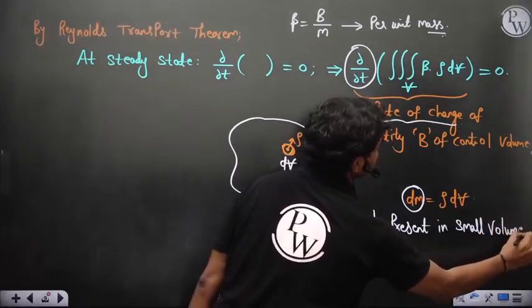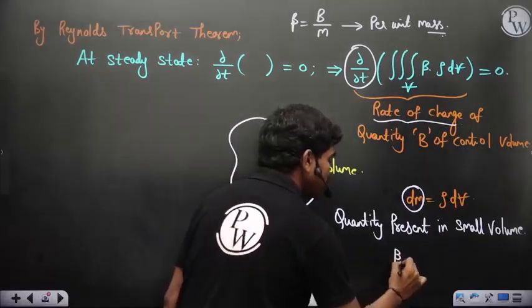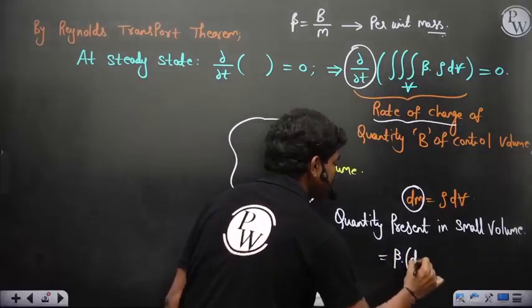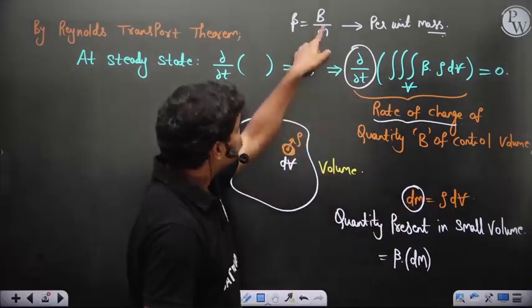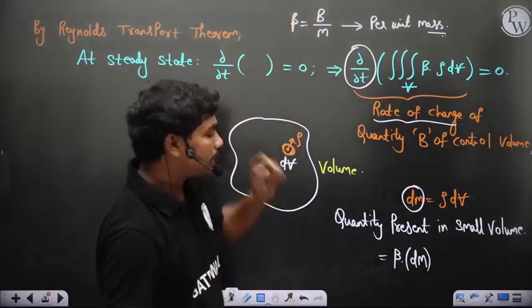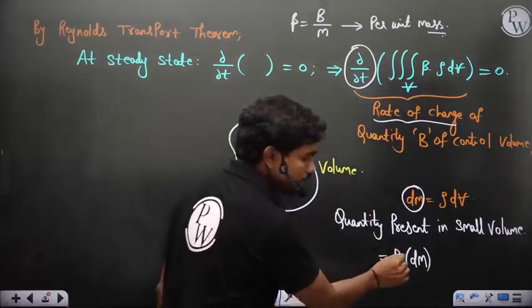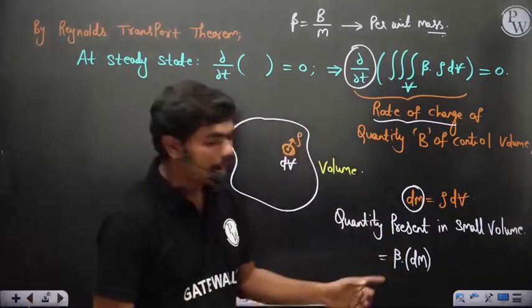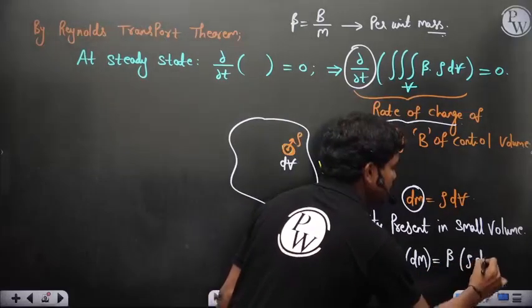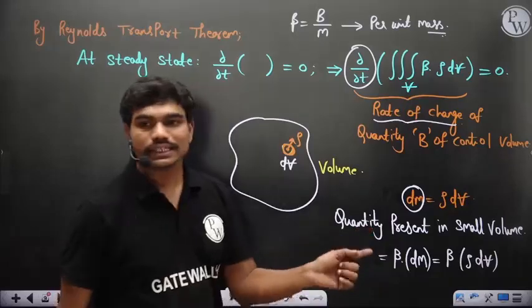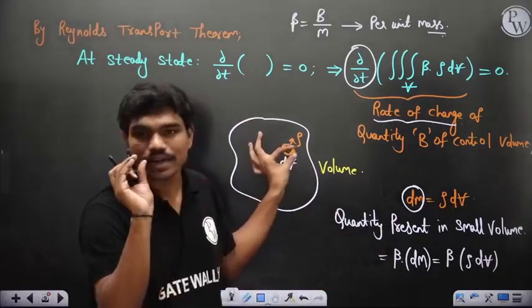The quantity present in the small volume is beta times dm, correct? Because in this small place there is this much mass, and for 1 unit of mass the value of this property is beta. So the total quantity present in this small volume is beta into dm. And what will dm be? Beta times rho dV. So this is the value of the property B in this small elemental region.